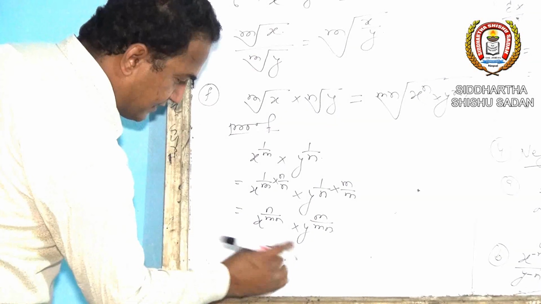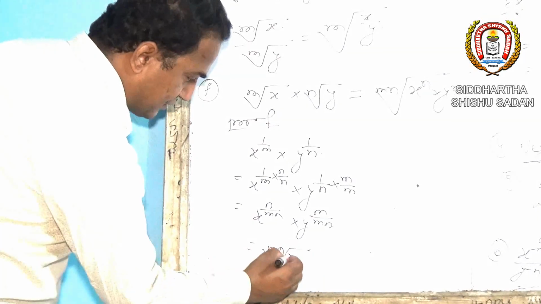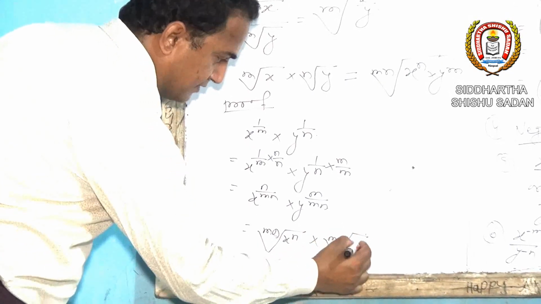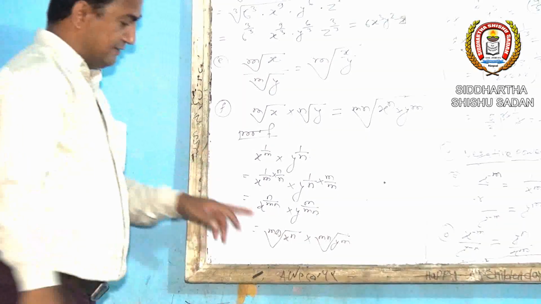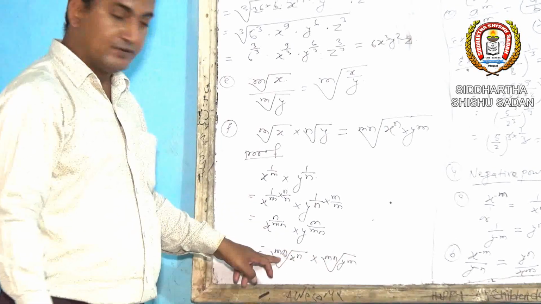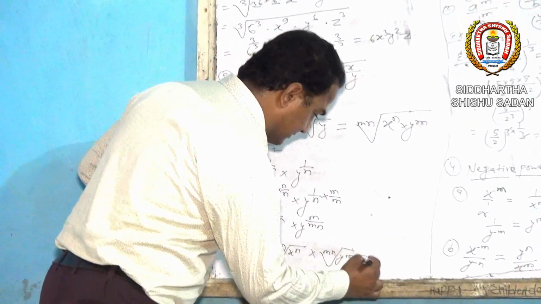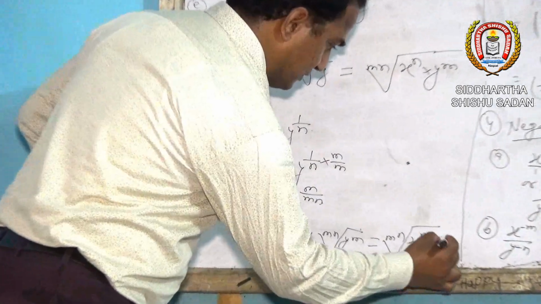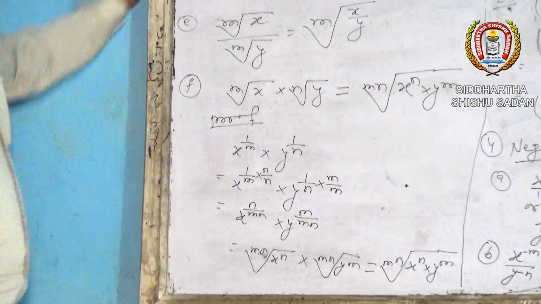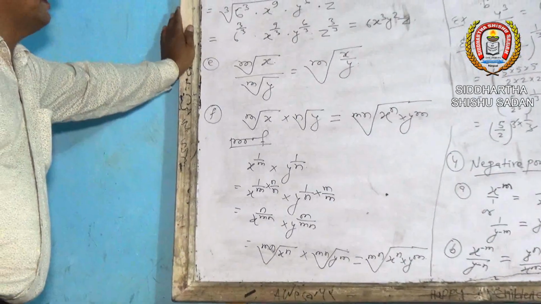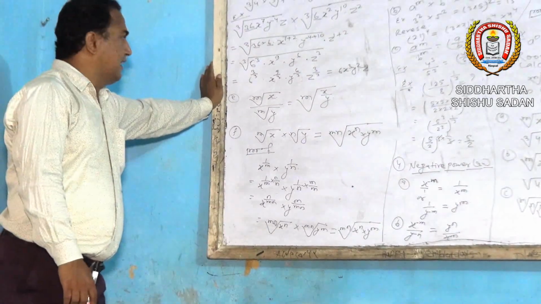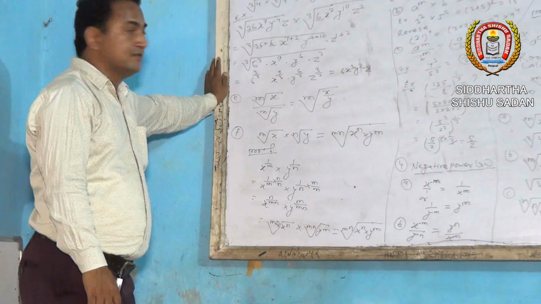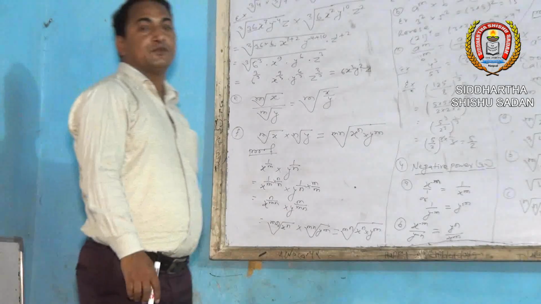It means mn root x to the power n and mn root y to the power m. Now they both have the same order of root. In that condition we have to put them together. mn root x to the power n into y to the power m. This is the laws of indices. And next, we continue with the further concepts of indices.